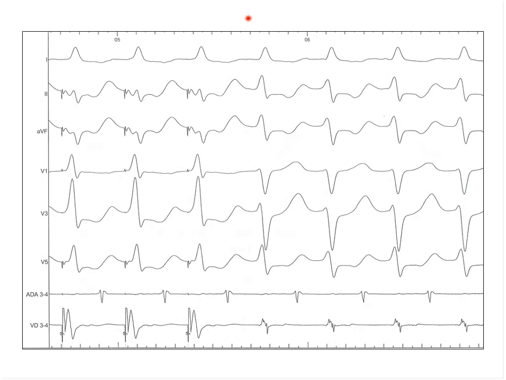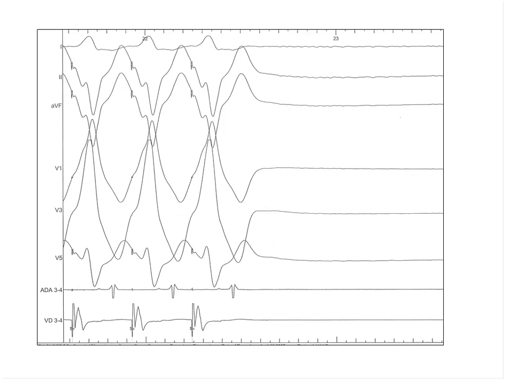Now, in this particular patient, when we paced at the exact same ventricular rate, but during sinus rhythm, in the absence of tachycardia, what we saw is shown here in this other tracing.